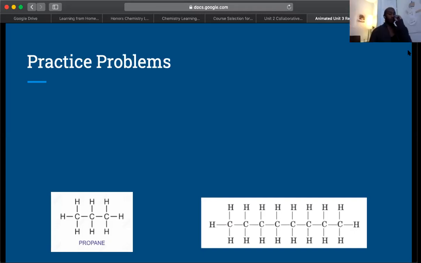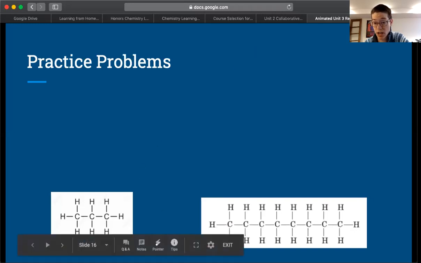Okay, so here's another one where they've given you some structures and they're going to ask you some questions. Without even looking at any of the questions, looking at these two things, are these polar or non-polar molecules? Non-polar, because they're very symmetrical, and there is nothing but carbon and hydrogen in here.